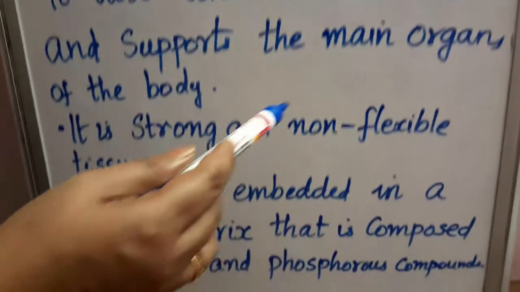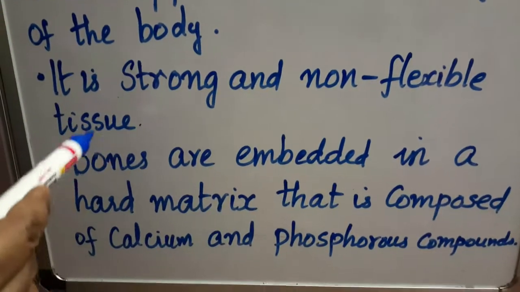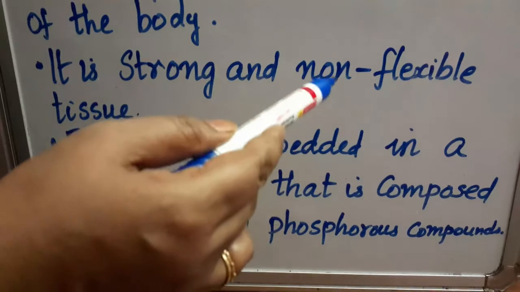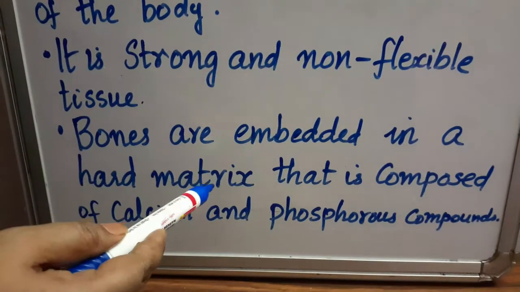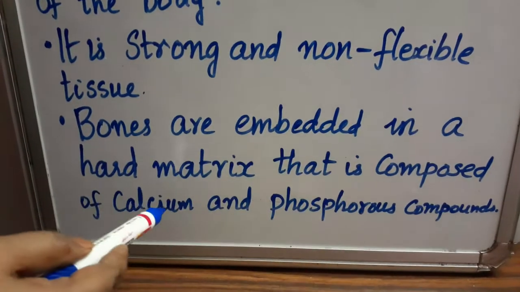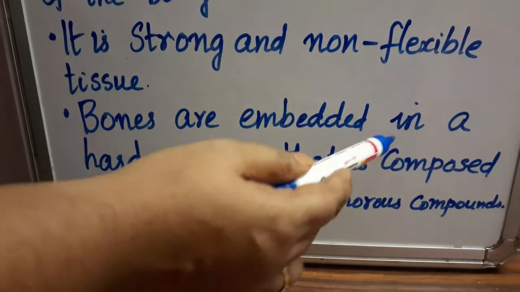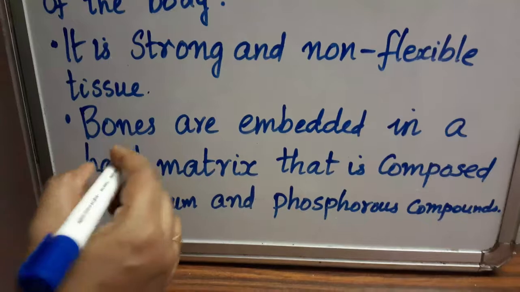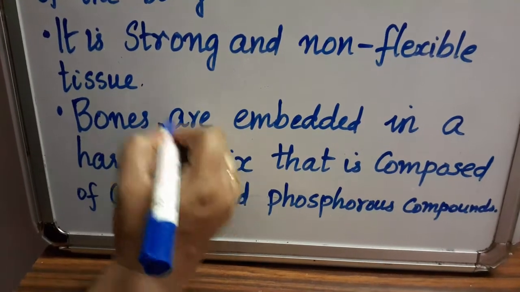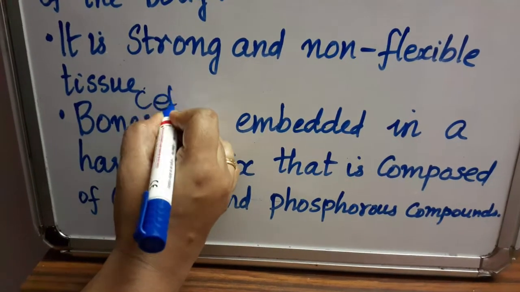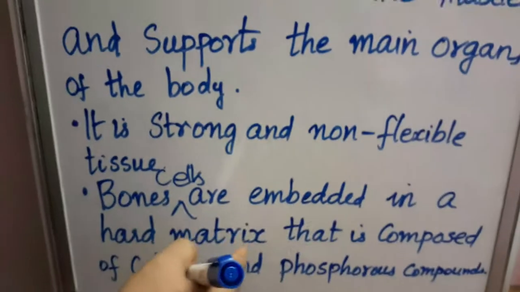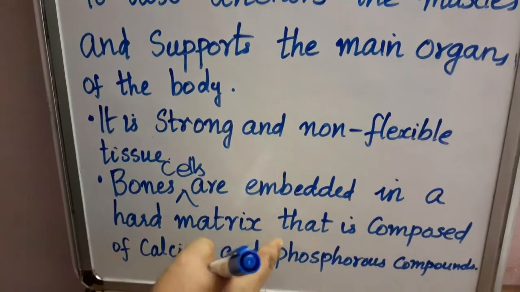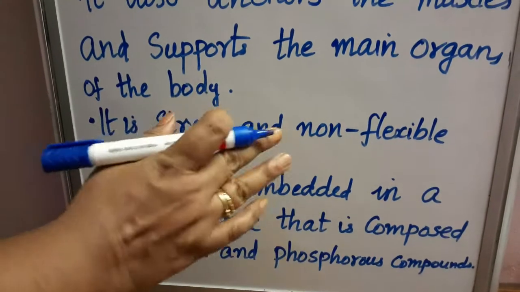It is strong and non-flexible tissue. Bone cells are embedded in a hard matrix that is composed of calcium and phosphorus compounds. So here I will write bone, not bones, bone cells. So I hope this is clear to you.